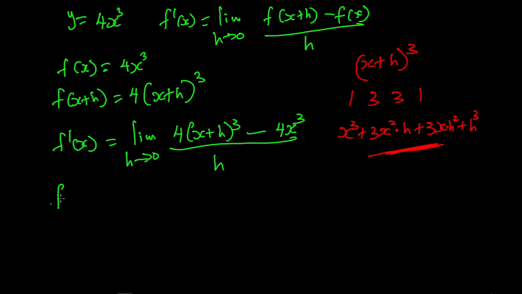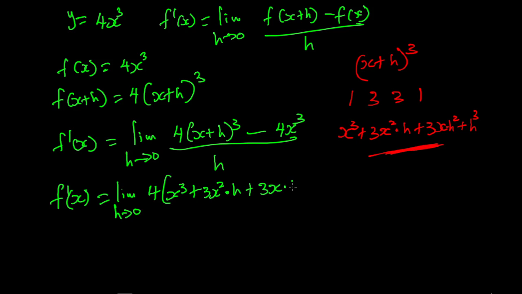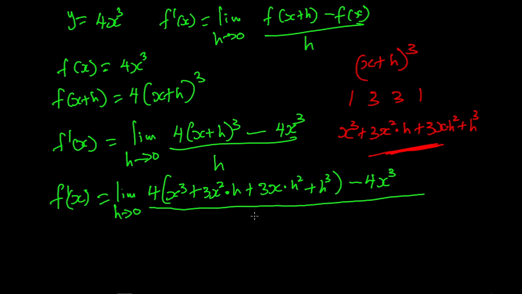That means our f prime of x, which is the derivative of our function, is equal to the limit as h approaches 0 of 4 into the bracket of x cubed plus 3x squared h plus 3x h squared plus h cubed, minus 4x cubed, all over h.